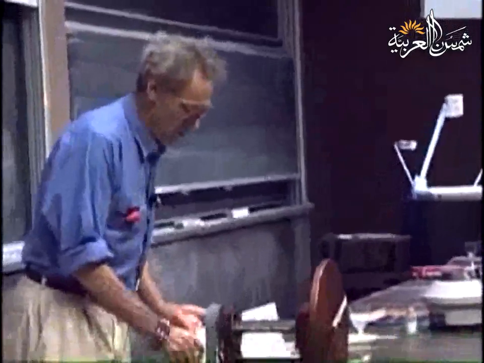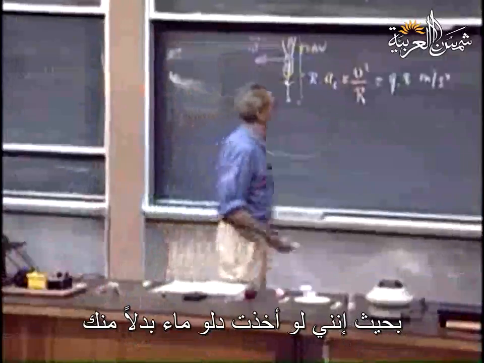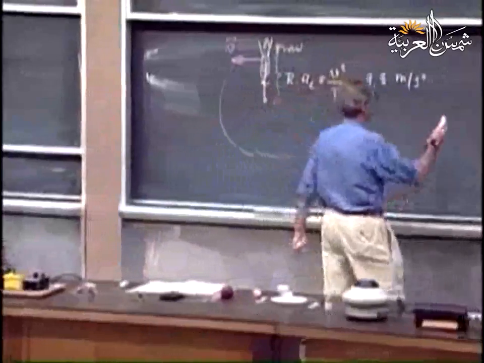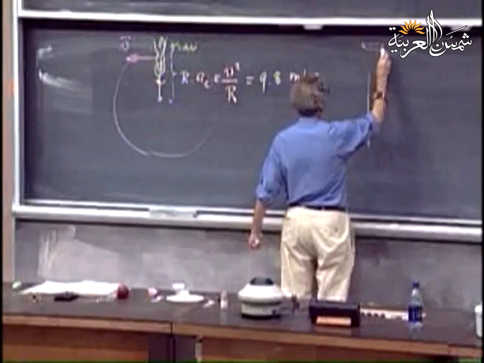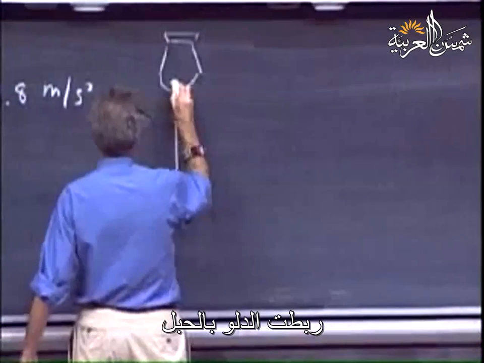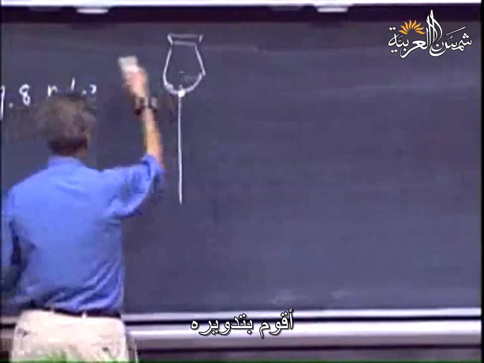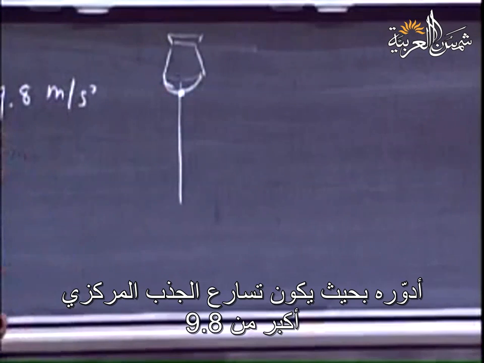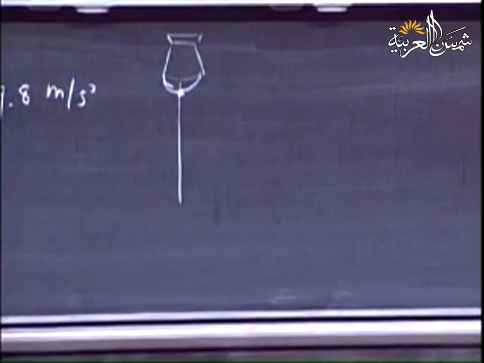It is so real that if I took a bucket of water instead of you, and here is the bucket of water, I attach to the bucket a rope, I swing it around such that the centripetal acceleration is substantially larger than 9.8.